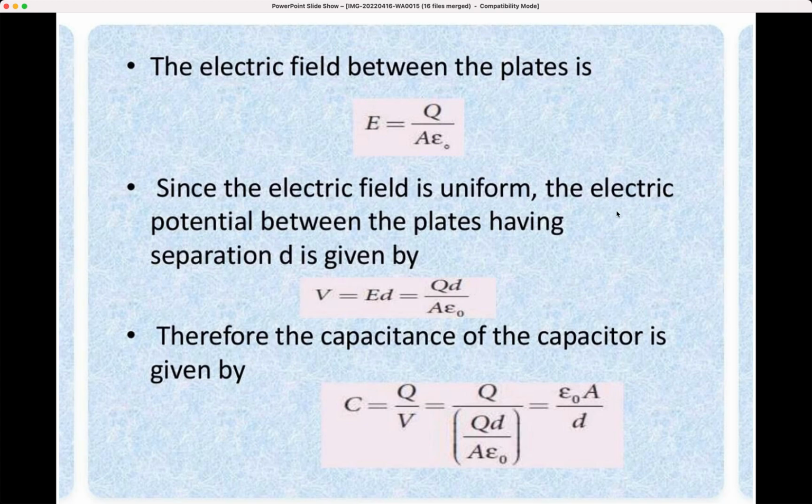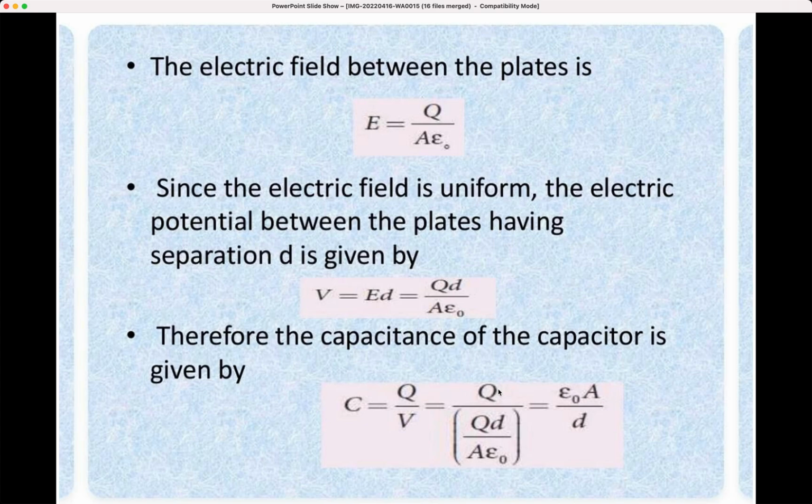The electric field is uniform. The electric potential between plates with separation d is given by V is equal to E d, that is Q d by A epsilon 0. Just put E into d, and you will get the formula for V.